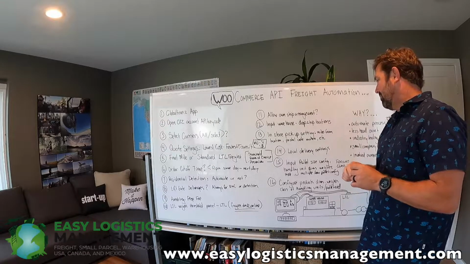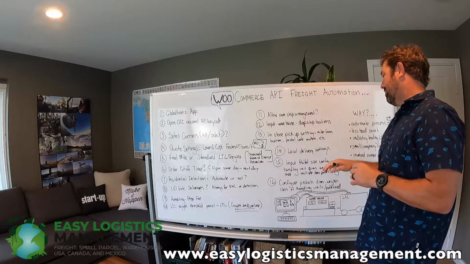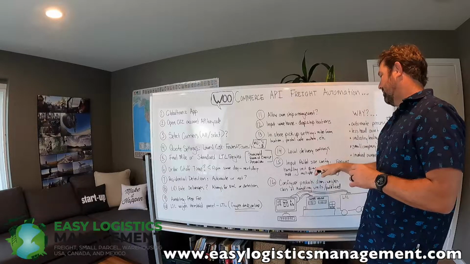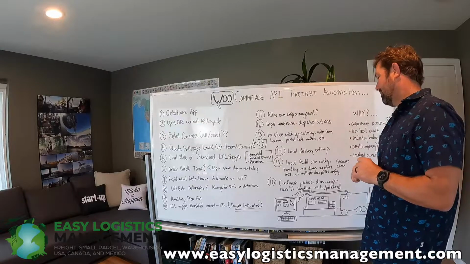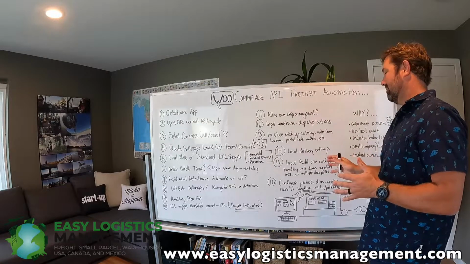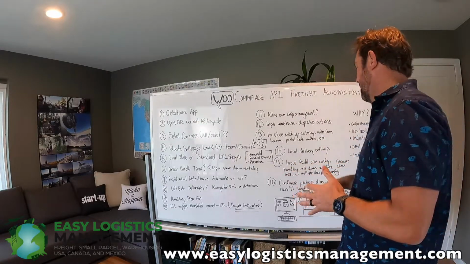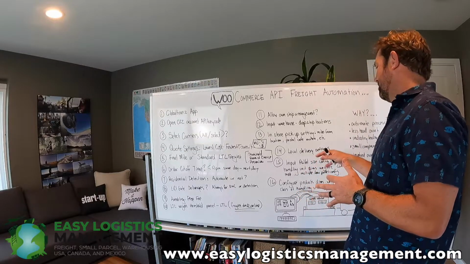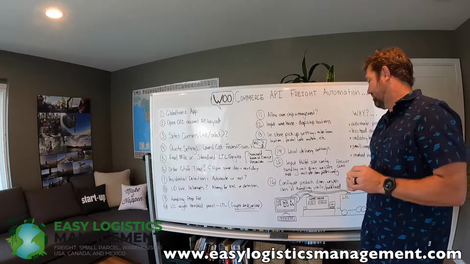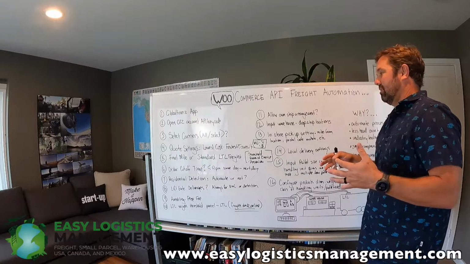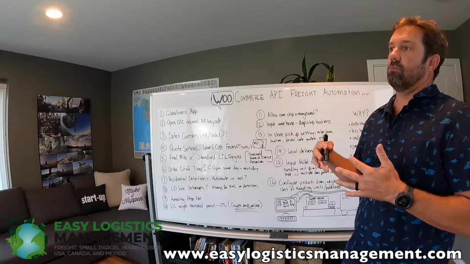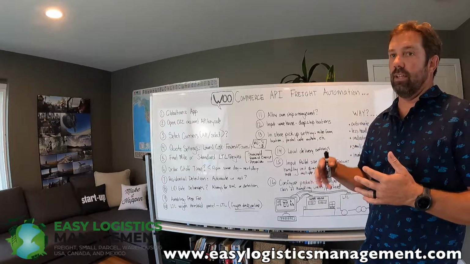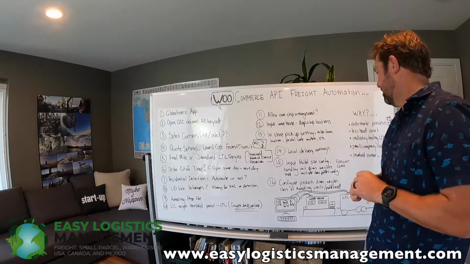Number 15, inputting and configuring your pallet size and your individual handling unit size. So the weights and dimensions of palletized configurations, as well as the weights and dimensions of your individual handling units, and your freight class, so that the tool rates correctly based on what is and isn't actually shipping.